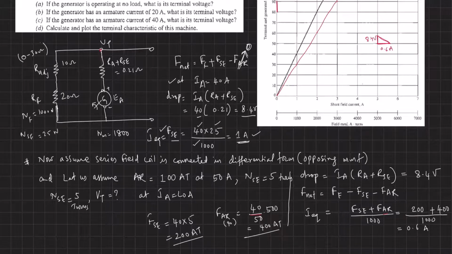Okay, now let us take one case where the series field coil is connected in differential form, that is, it is opposing the main field MMF. So here instead of plus I have to put minus. Now this series field is opposing the main field like armature reaction.